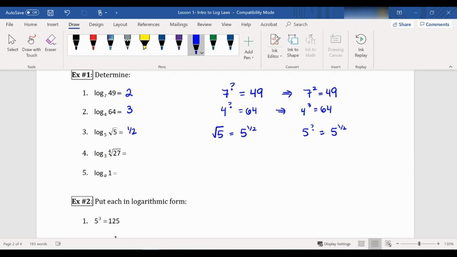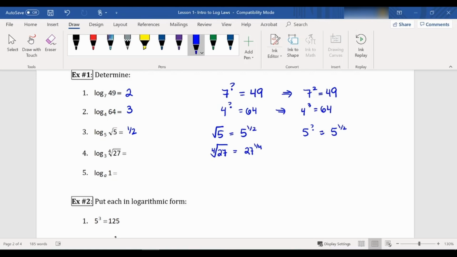Now the next one, we have the fourth root of 27. Well, first we know that we can rewrite this as 27 to the 1/4 using our exponent laws from grades 9 and 10. Because the index on the radical is 4, our fraction would be 1/4.